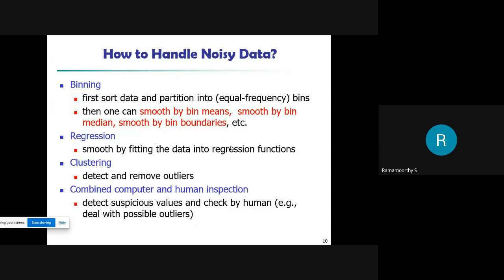So these are some of the techniques recommended for handling noisy data. One is binning, another is regression, then clustering, and a combined technique for verifying the noisy data by combining manual and computer-based inspection over the data.